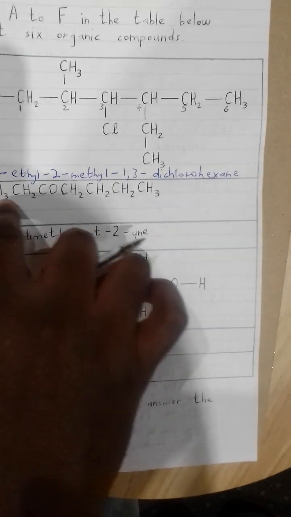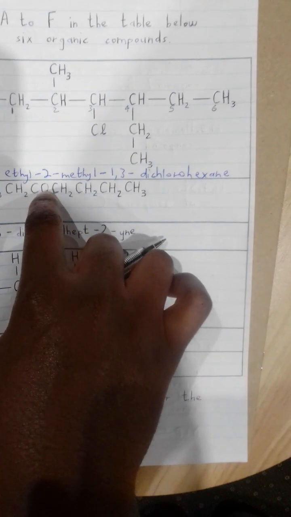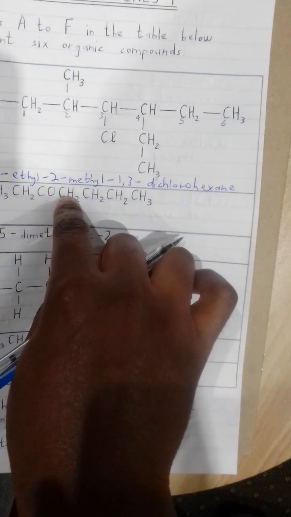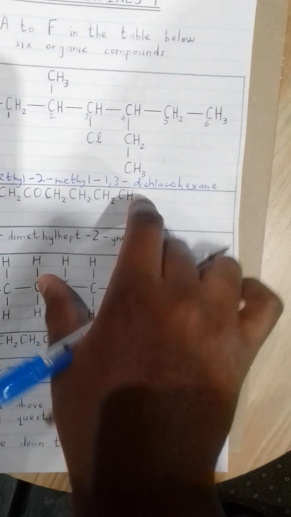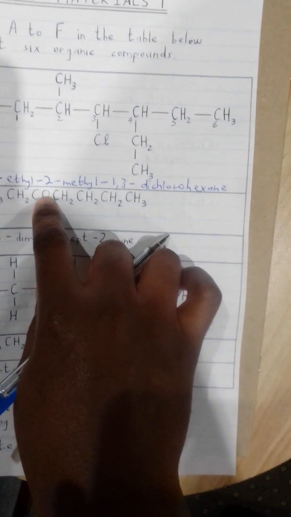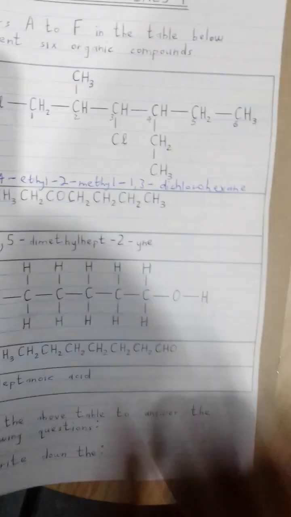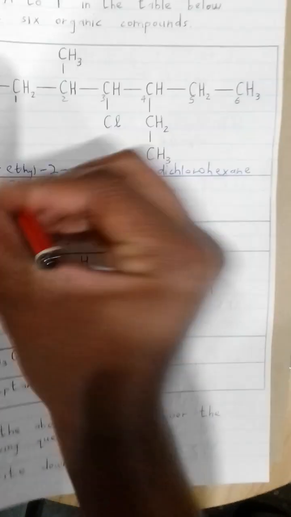Compound B, CH3, CH2, C, then we have an O, right? Then we have C, H2, CH2, CH2, CH3. So this O is in the middle. Okay, double bond to carbon, because it's single bond here.